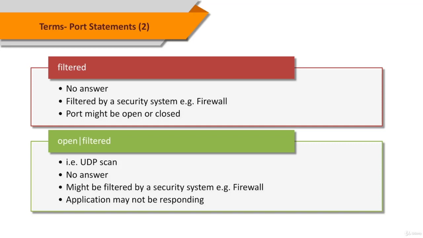Lack of a response might mean that the port might also be open. In these situations, Nmap signifies that the port is either filtered or open. For example, in a UDP connection, in most cases, the destination system does not send a response when it receives a UDP packet. So if the destination system does not respond, Nmap categorizes it as open|filtered.